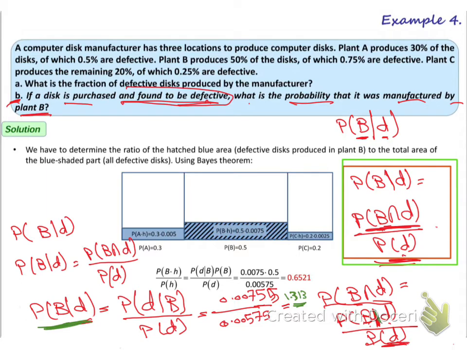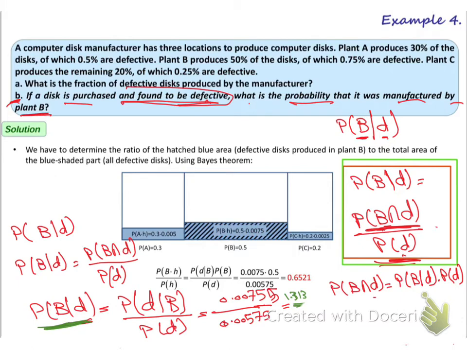Can I put it here, replace it here? Yes. So it will be equal to 1.313 divided by the probability of D, which is 0.00575. Sorry, here I have made a mistake. The probability of B intersect D equals the probability of B given D times the probability of D, not divide, it is multiply, okay?